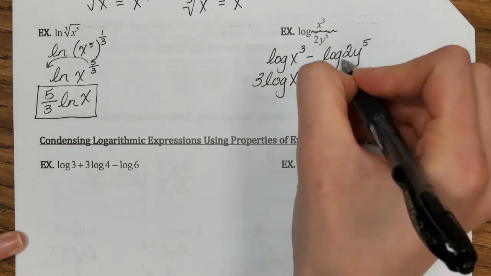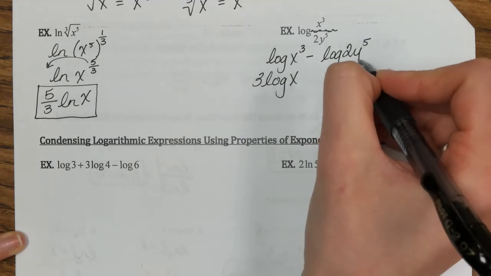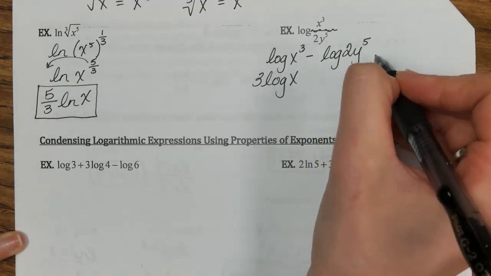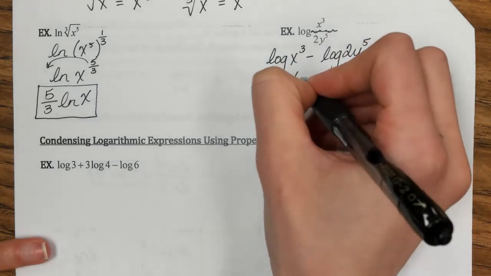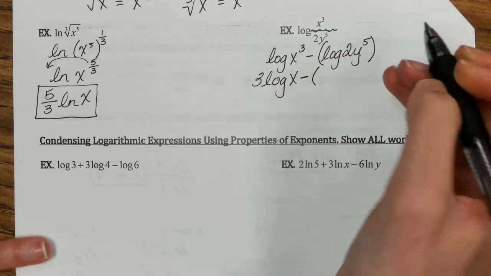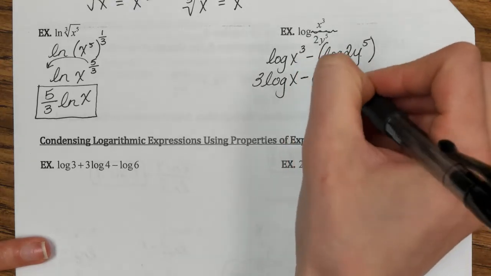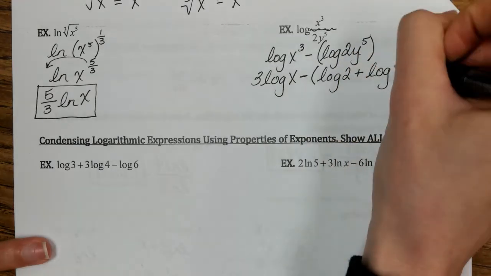Now, this entire 2y to the 5th is in the denominator, right? Anything that's in the denominator is going to have a minus in front. The reason being is I'm really separating this 2 and this y to the 5th. So I really have log of 2 plus log of y to the 5th.